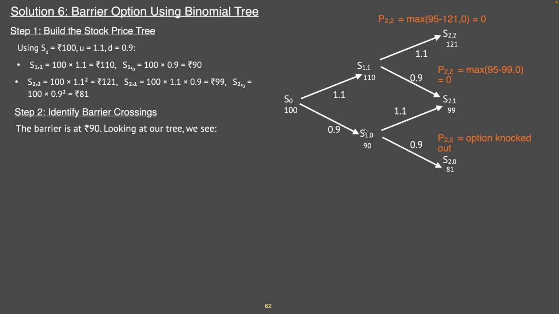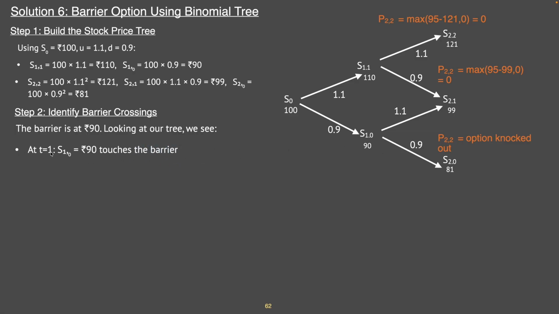It can get knocked out at S10 and at S20. This is a very important component: as soon as the price reaches this point, the option gets knocked out.